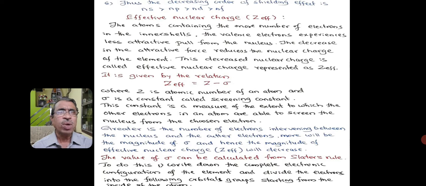This decreased nuclear charge is called effective nuclear charge, represented as Z effective. It is given by the equation Zeff = Z - σ, where Z is the atomic number of an atom and σ is a constant called the screening constant. This constant is a measure of the extent to which the other electrons in an atom are able to screen the nucleus from the chosen electron.